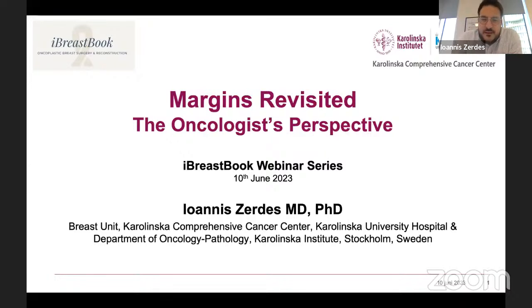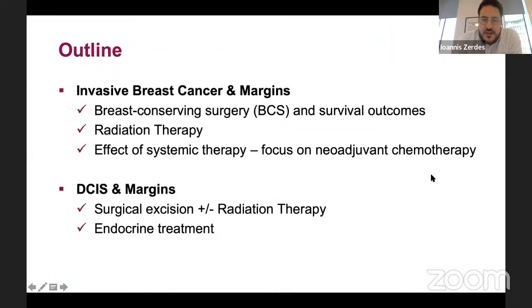In the next few minutes, I will try to touch upon the margins and correlation both with invasive breast cancer and also with DCIS. When it comes to invasive breast cancer, as we have heard from Dr. Fox, breast conserving surgery and survival outcomes, I will also present some data about the radiation therapy and effect of systemic therapy with focus on neoadjuvant chemo.